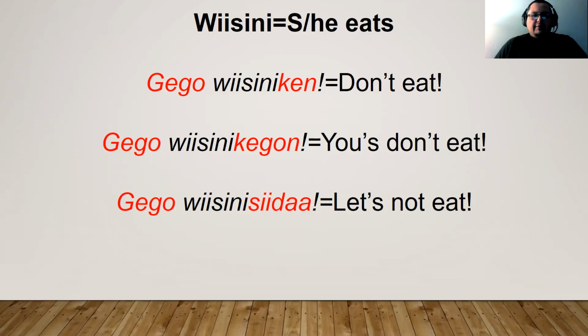Or if you're telling more than one person, you would say Gego Wisinikagon. You all don't eat. And let's not eat: Gego Wisinisida. Let's not eat. So that's our negated form for Wisine.